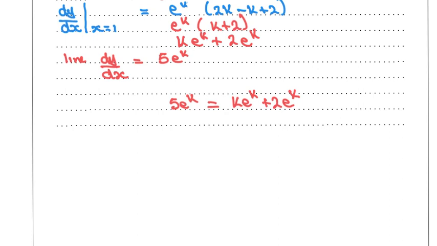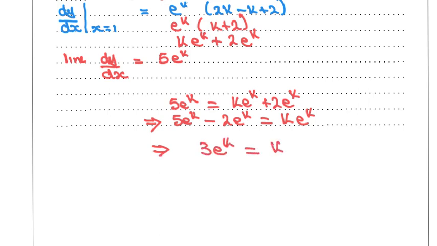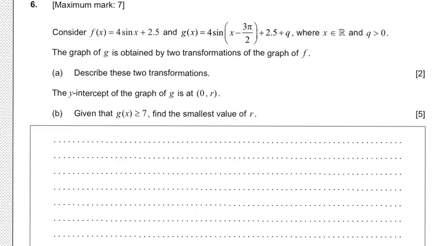Therefore, we have 5e to the k minus 2e to the k is equal to k e to the k. Therefore, we've got 3e to the k is equal to k e to the k. Therefore, comparing coefficients, k is equal to 3.